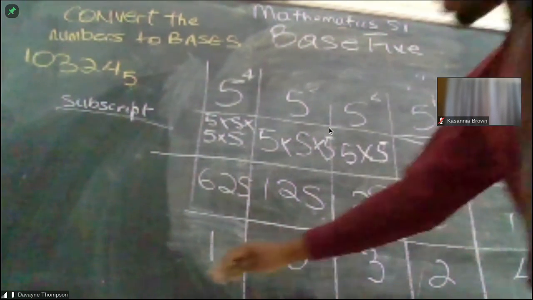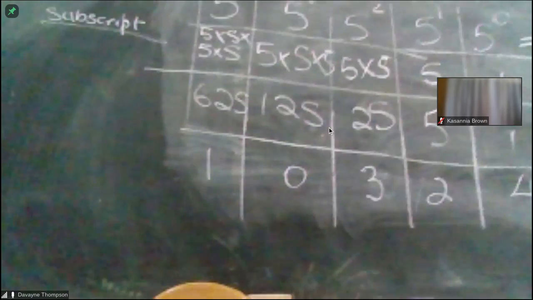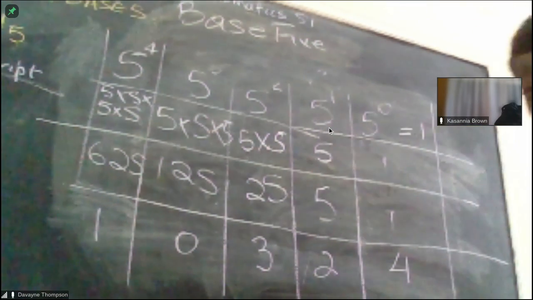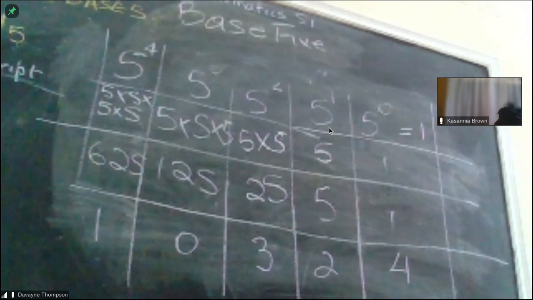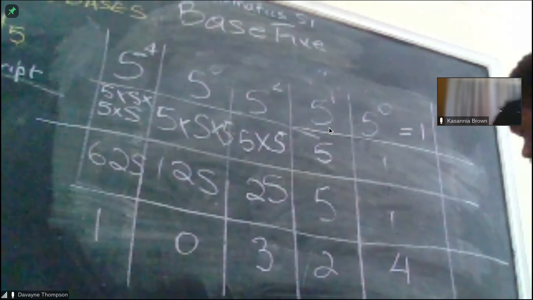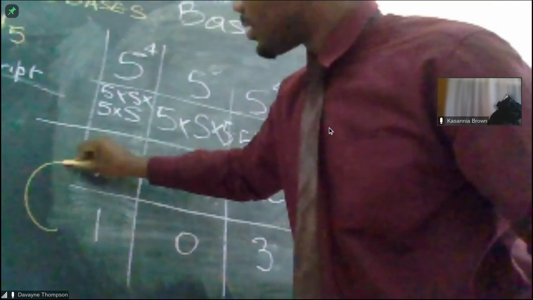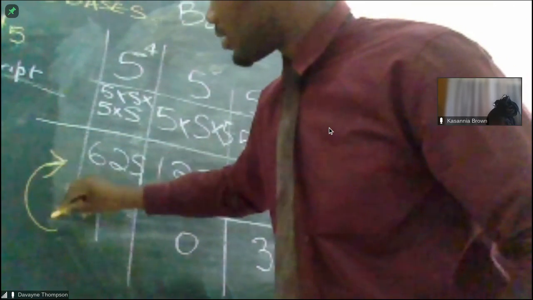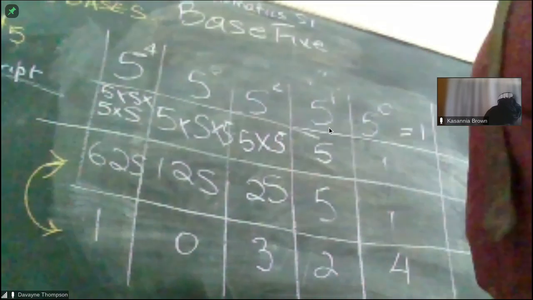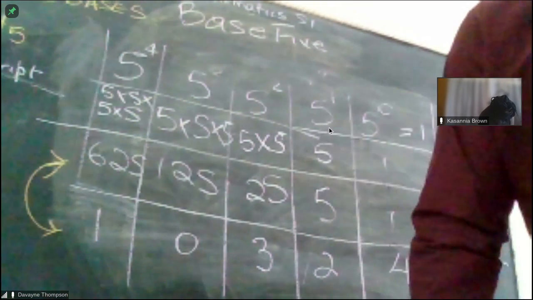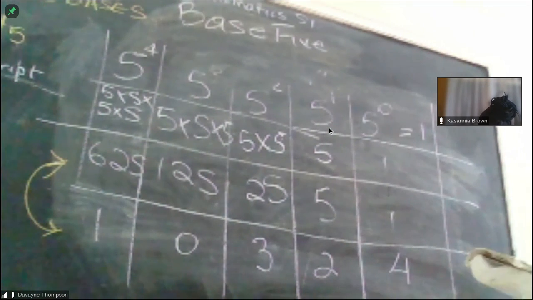Okay, so now that the values are under the table, what do we do next, Cassandra? Multiply. We're going to multiply this row together. We're going to say 1 times the 625.